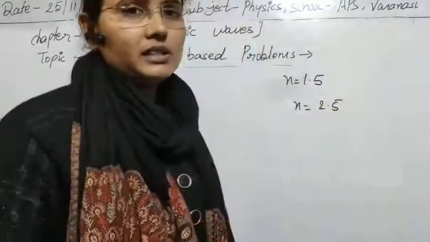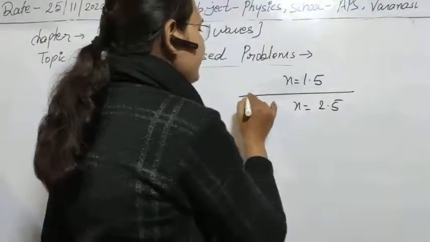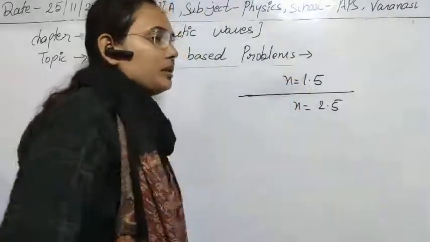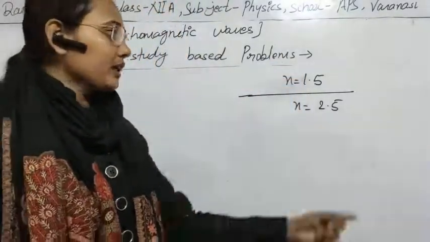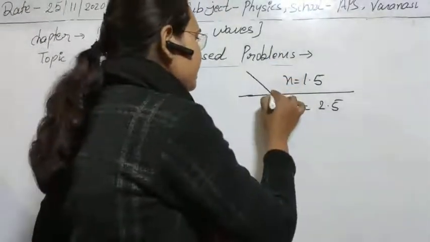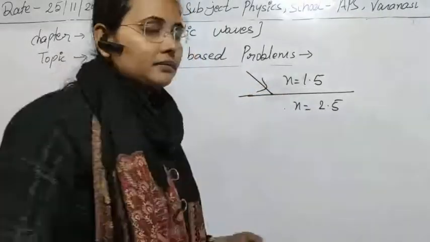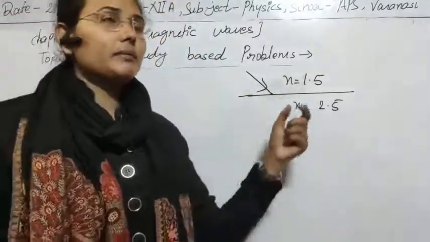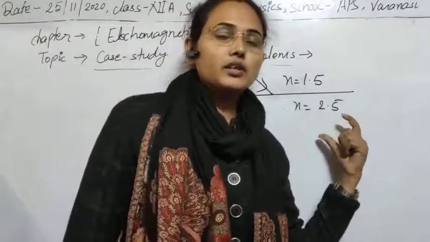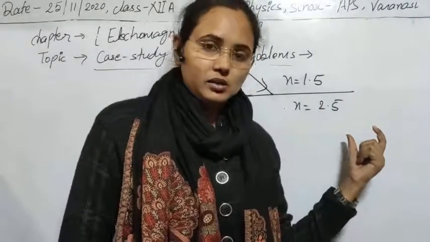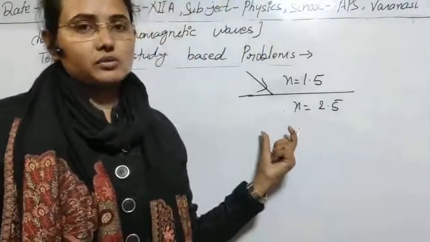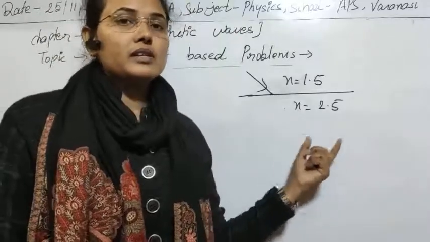Suppose this is an interface dividing these two media, and now an electromagnetic wave is propagating from this medium to this medium. Clear? Then what will be the ratio of the velocities of the electromagnetic waves? This question can be asked also. So what will be the ratio here?